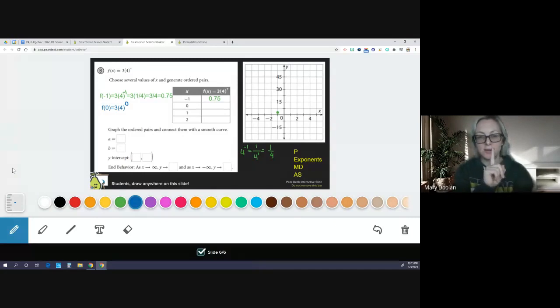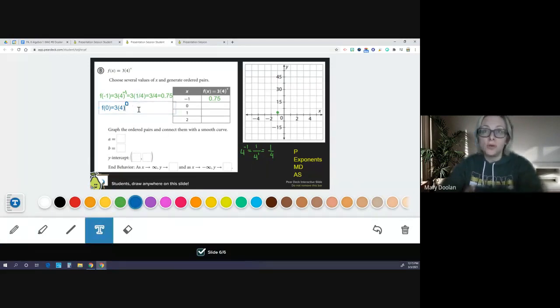Now, if you think about the rule, anytime you multiply by 0, you always get 0. That's true. When we have powers, anytime you raise something to the 0 power, it's defined to be 1. And there is a way to prove that. If you were interested in seeing that, I don't have time to do that right now, but I could show you later. Just remind me. It's always 1. So 3 times 4 to the 0 power is 3 times 1, which is just 3.